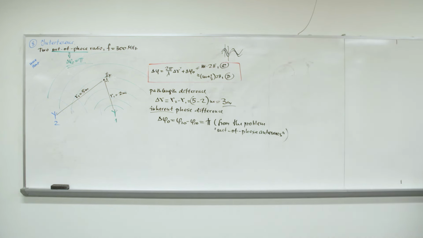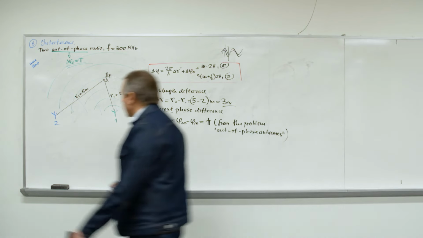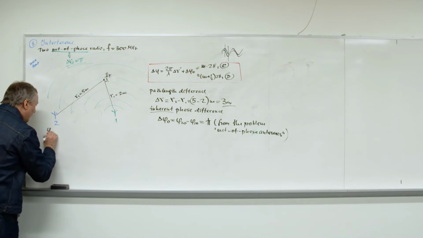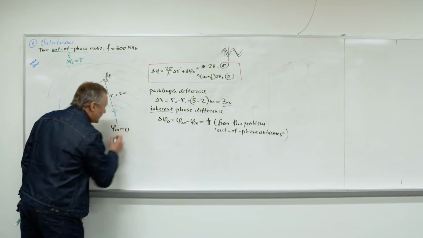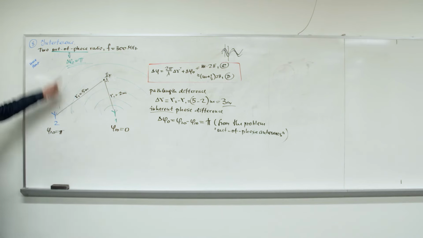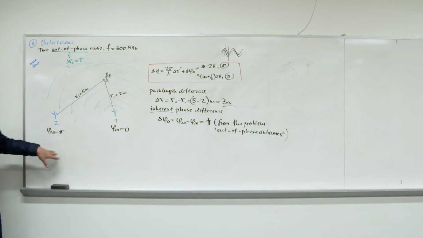If the problem said in-phase antennas or identical antennas or sources, it should immediately trigger in your brain, aha, the inherent phase difference is 0 in that case, right? Or I can give you something like this: phi 20 equals pi, phi 10 equals 0. In that case, I can skip these words, but you can see they're obviously out of phase. The inherent phase difference is pi.